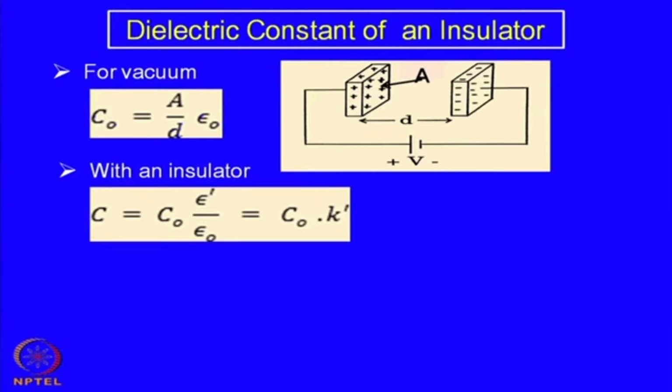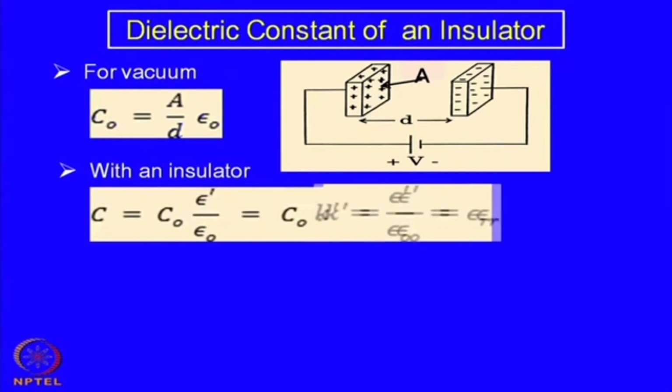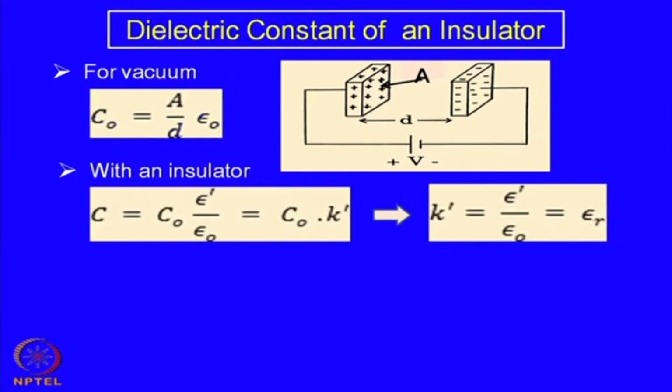K prime is the relative permittivity, or in other words, K prime is equal to epsilon prime by epsilon naught, and it is sometimes also represented as epsilon r. The relative permittivity, or K prime, is also called the dielectric constant.